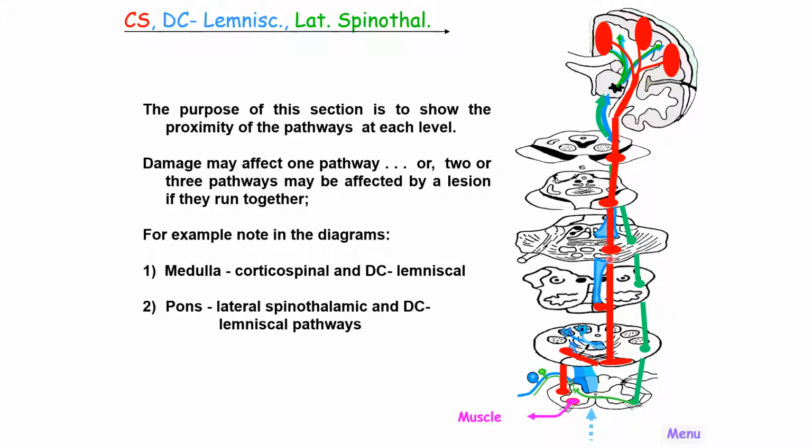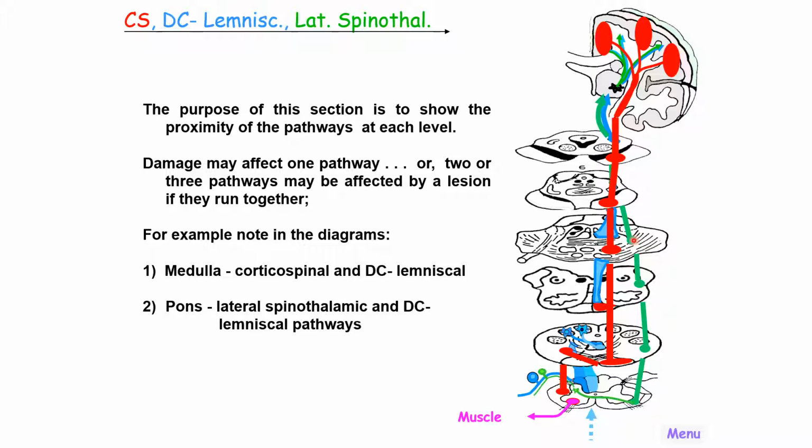And we can see at various locations they're very close together, and at other places they're far apart. In the medulla, for instance, we can see that the pyramid, the corticospinal tract, is immediately adjacent to the medial lemniscus.